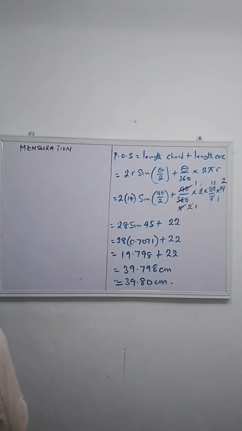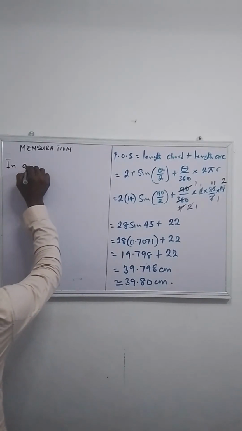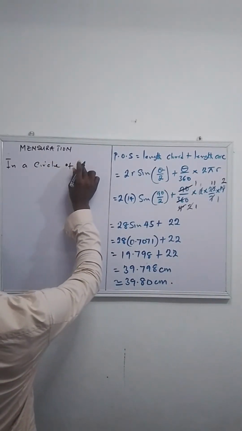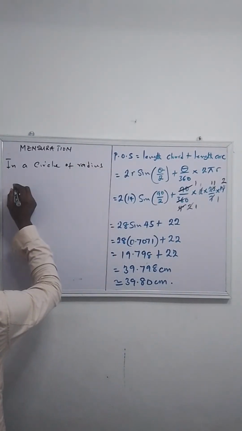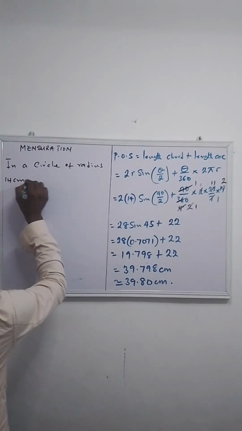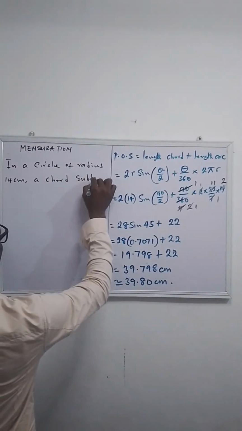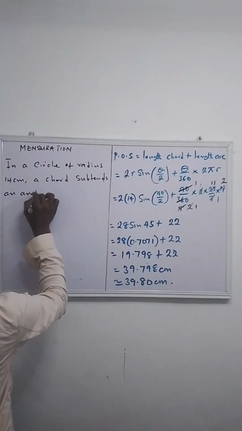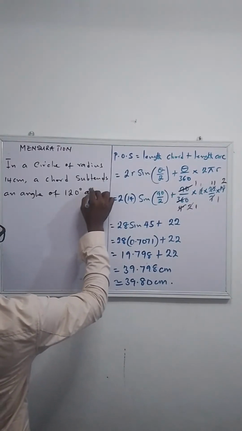Okay, another example. In a circle of radius 14 centimeter, a chord subtends an angle of 120 degrees at the center.